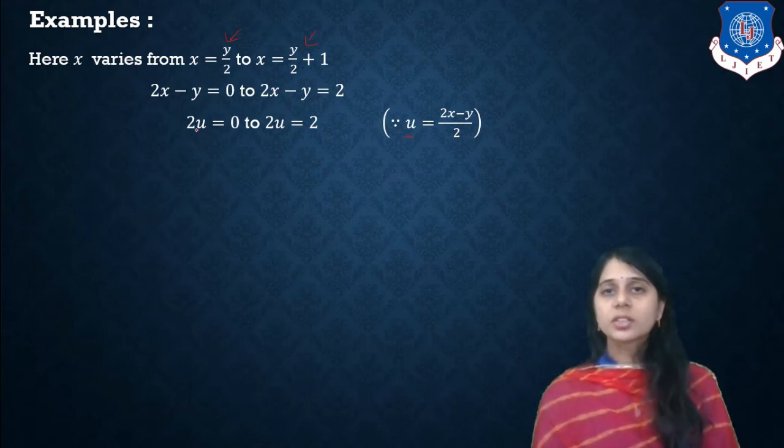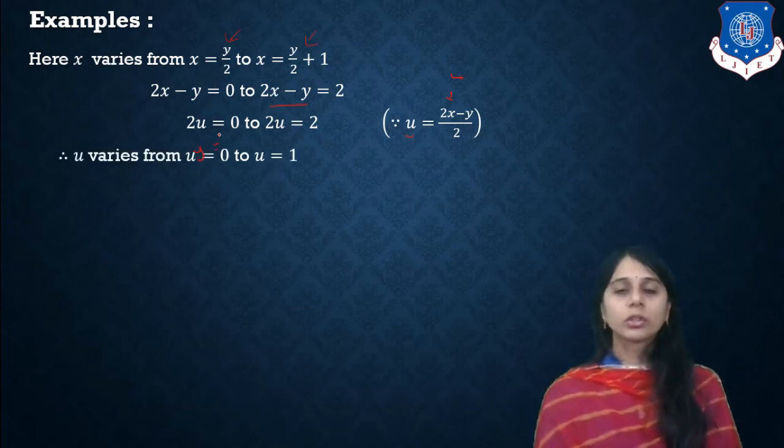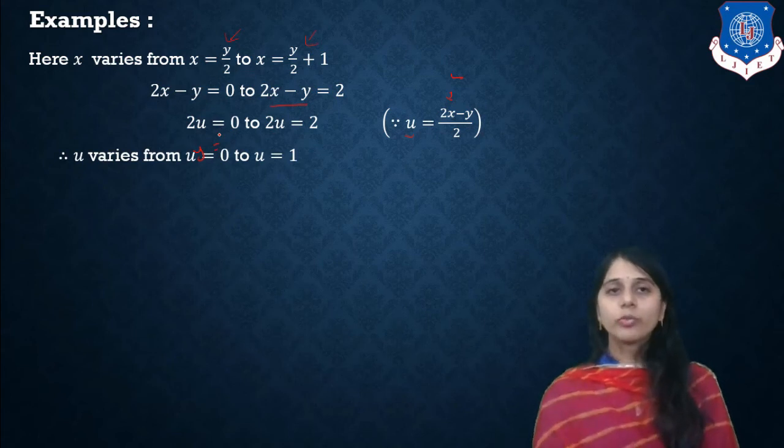When 2x minus y is 0, u equals 0. And if 2x minus y equals 2, we get u equal to 1. So we fix the limit of u from 0 to 1.